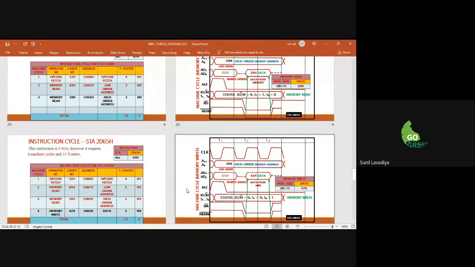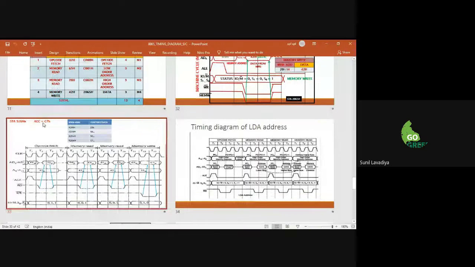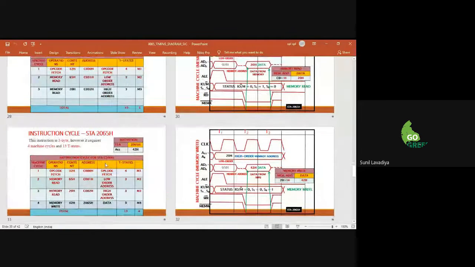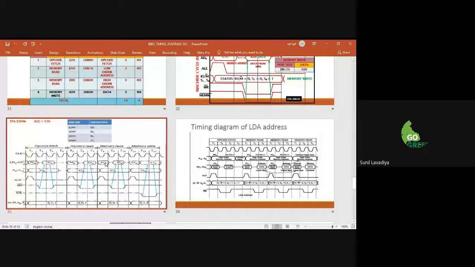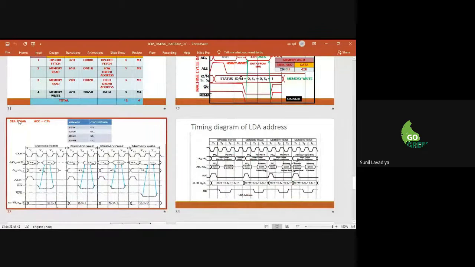You have to draw the diagram of the next one. It looks like this one. I'm just hiding again. STA 526A.